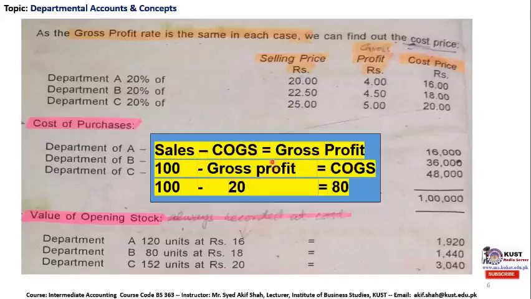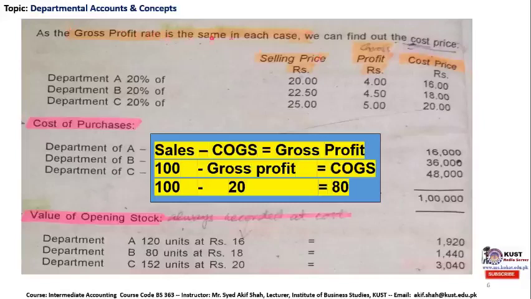Let's take the previous example of the gross profit. Let's suppose it is 20%, then we can write down that 20% of sale is 20 rupees. After subtracting it from the sales, we come up with the cost of goods sold of 80 rupees. So the same has been done in the above narrations.